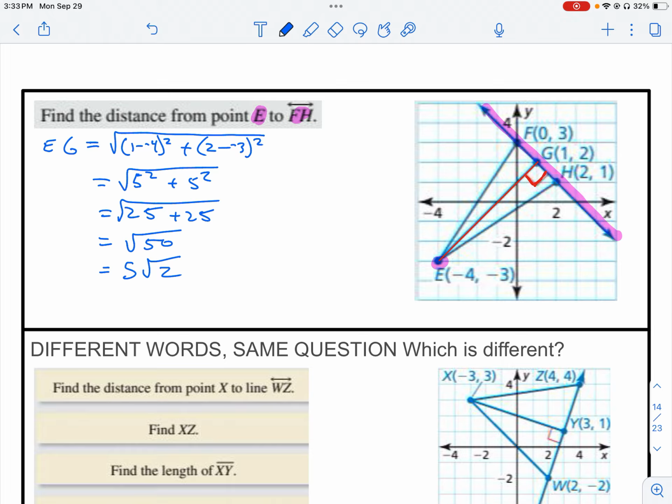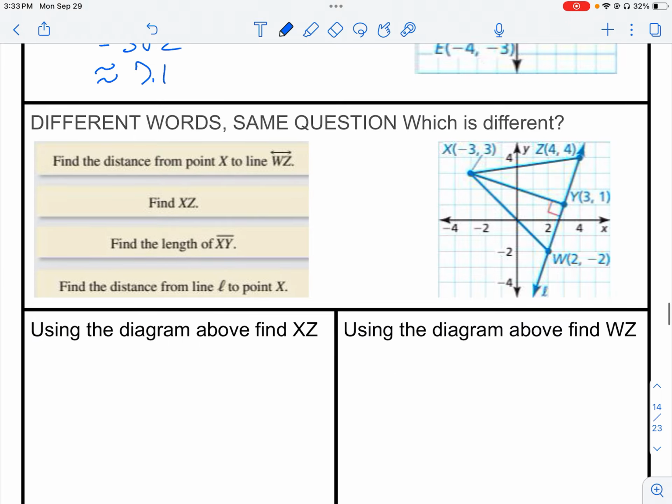Which is 5 radical 2, which is the exact answer, or we can get about 7.1. So pause the video, answer this question, which is different, then hit play, and we'll see how you did.